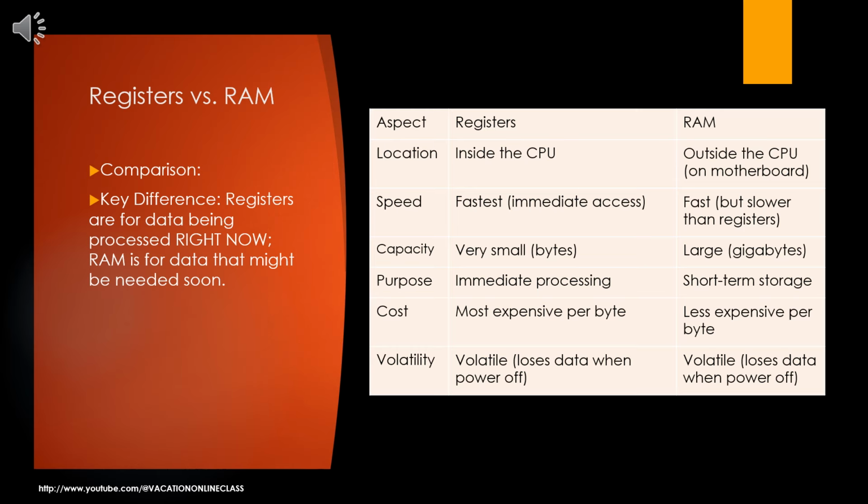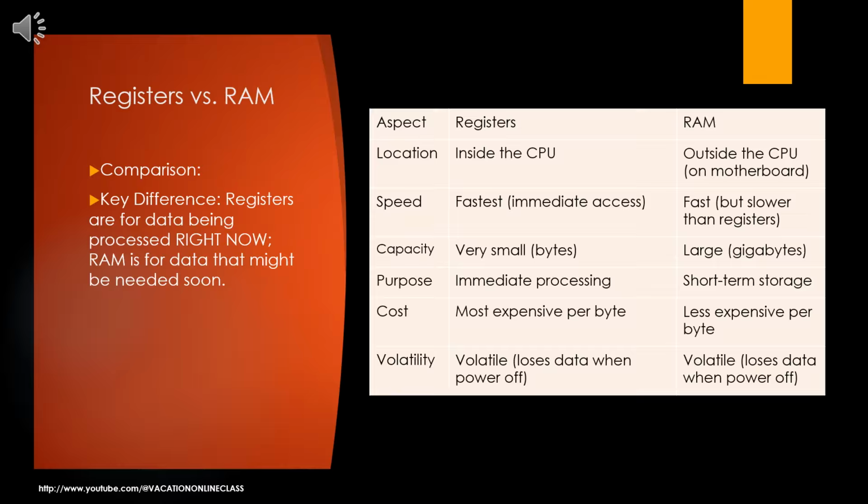This proximity leads to a massive difference in speed. Registers provide immediate access, while RAM, though fast, is significantly slower by comparison. In terms of capacity, RAM can hold gigabytes of data, whereas registers are incredibly small, holding only a few bytes.